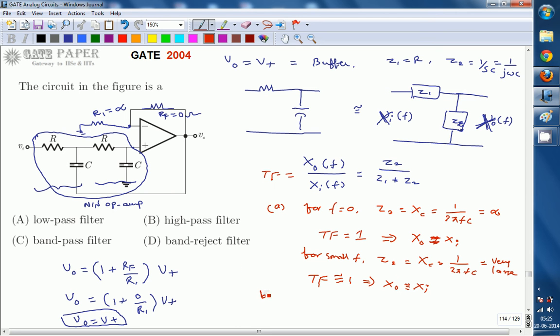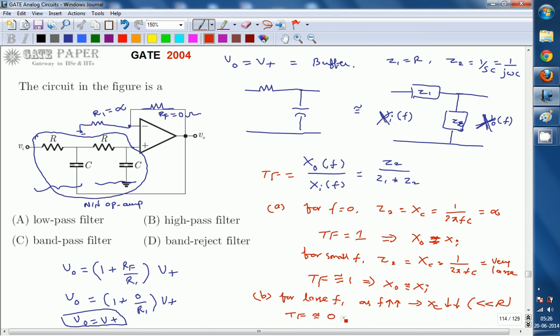But whenever we go for large frequencies, as frequency increases, Xc decreases, and it decreases such that it is very small compared to the value of R. So the transfer function is approximated as very small.